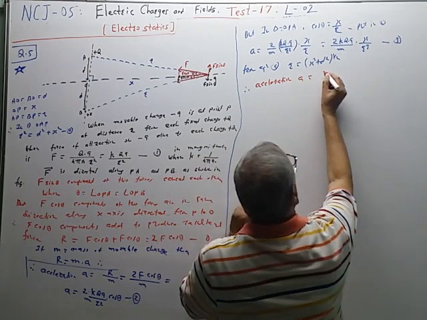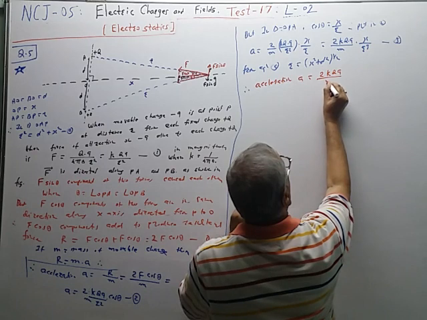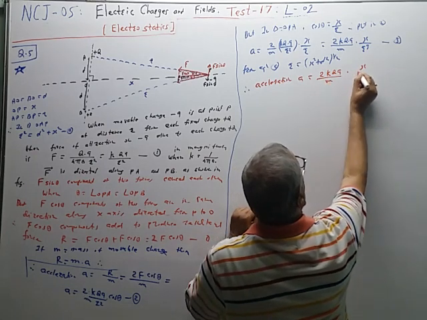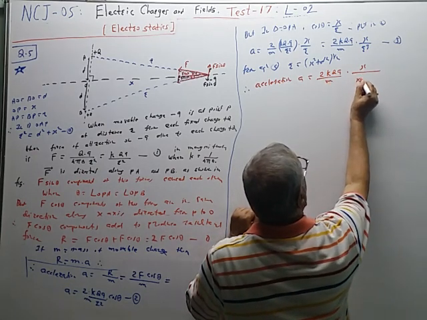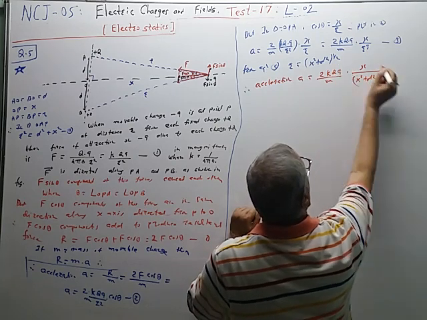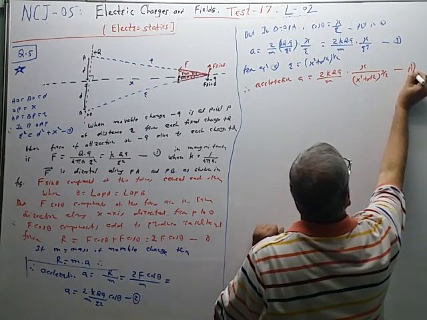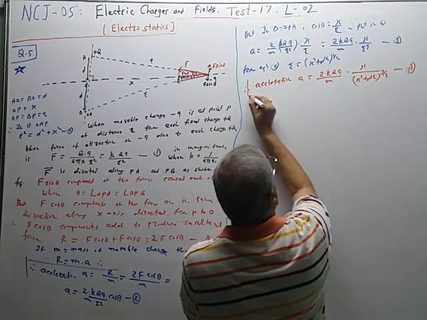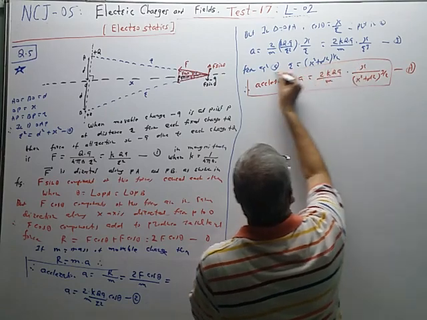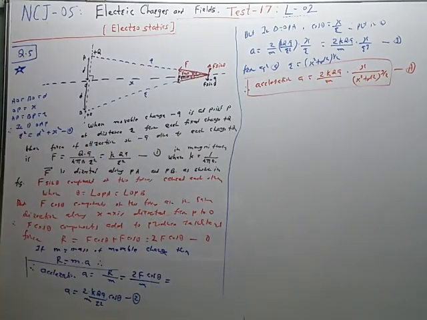Acceleration A is equal to 2 into k into capital Q into small q upon m into x upon x square plus d square raised to 3 by 2. This is equation capital A.